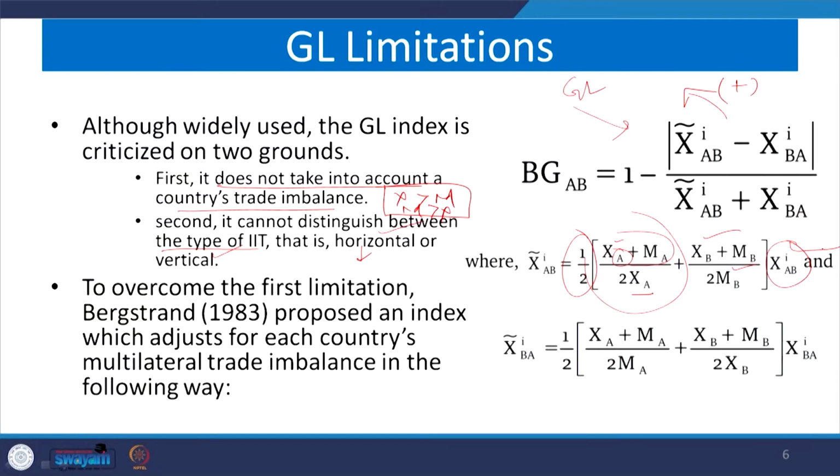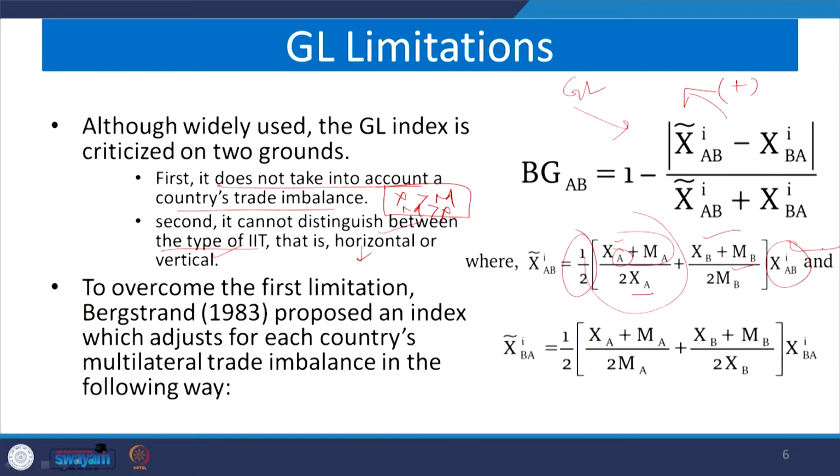So, the average openness of both countries and their trade imbalances can be captured very easily. Now, from here, by multiplying the ratio, we get the average of it and what the first country is exposed to out of that ratio.